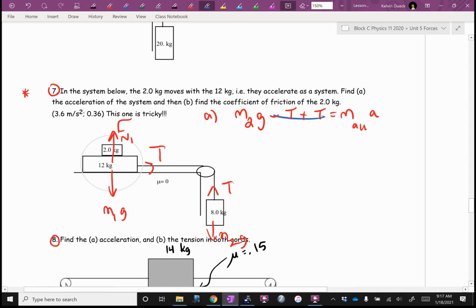Canceling the tension, we would use Newton's second law to get the acceleration. So it's going to be M2G divided by M all. It's going to be 2 times 9.8 divided by 2 plus 12 plus 8, the mass of all of them.